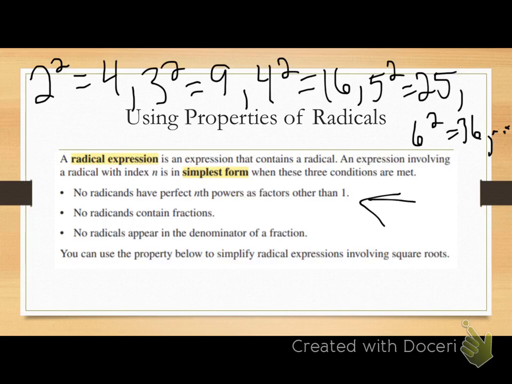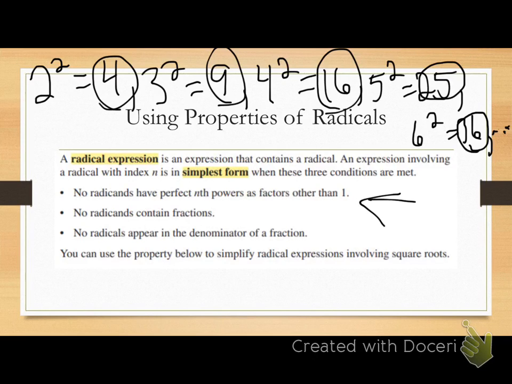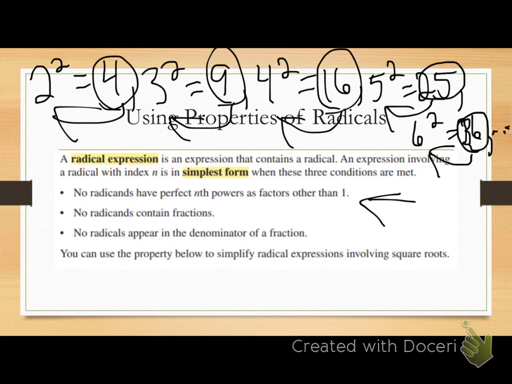Everyone should know that. That's just squaring numbers. These numbers that I'm circling are what we call perfect squares. If I take the square root of 4, I get back to 2. The square root of 9, I get back to 3. The square root of 16, I get back to 4. 25, get back to 5. Square root of 36, get back to 6. Those numbers that are circled we call perfect squares because they give us a nice whole number when we take the square root of them.